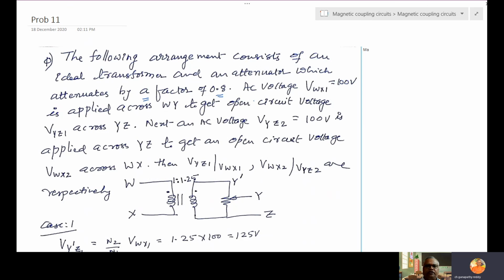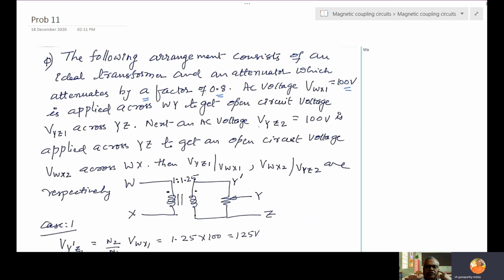AC voltage V WX1, voltage at WX1 is 100 volts, is applied across WX to get open circuit voltage V YZ1 across YZ.